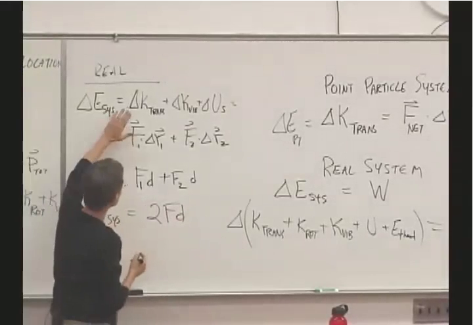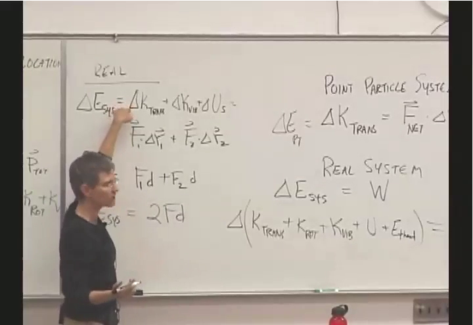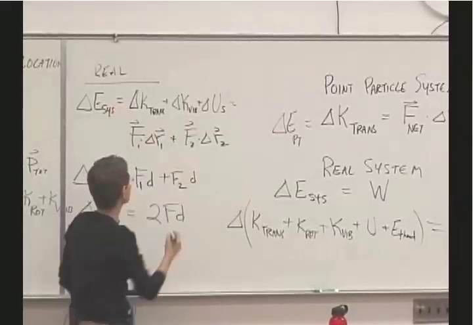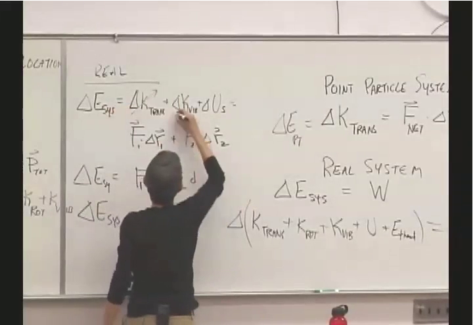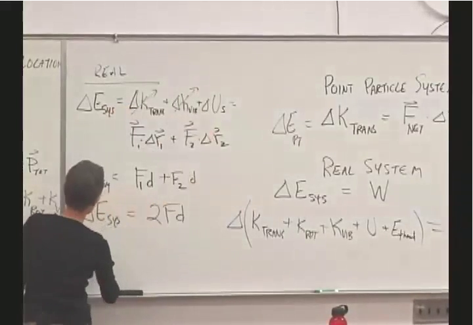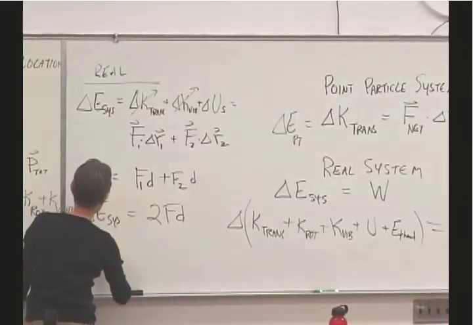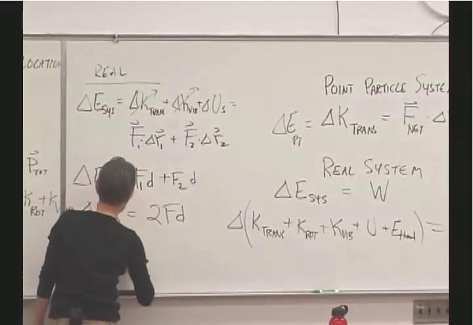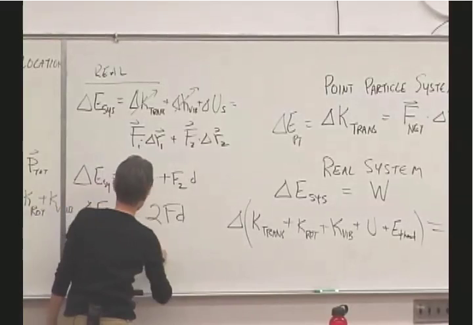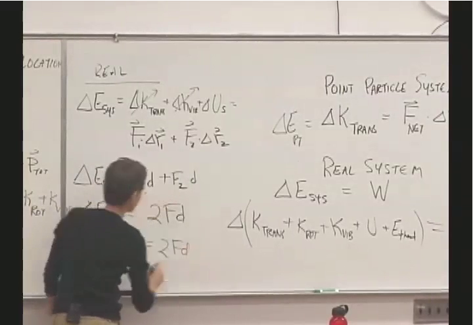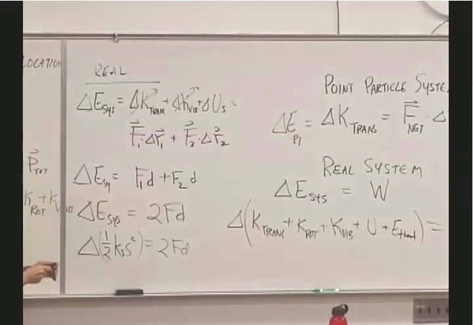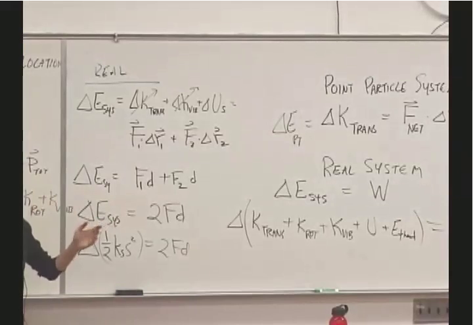And what is this? Well, it's not translational kinetic energy. We know that because we already got that, so that's not it. It's not vibrating, so it must be the change in the spring energy. So it's a change in a half K sub S, S squared, 2FD. So the comparison of these two ways of treating the system actually gives you a lot of information.